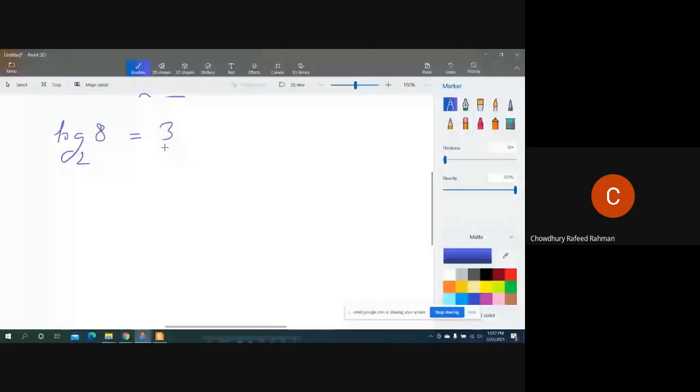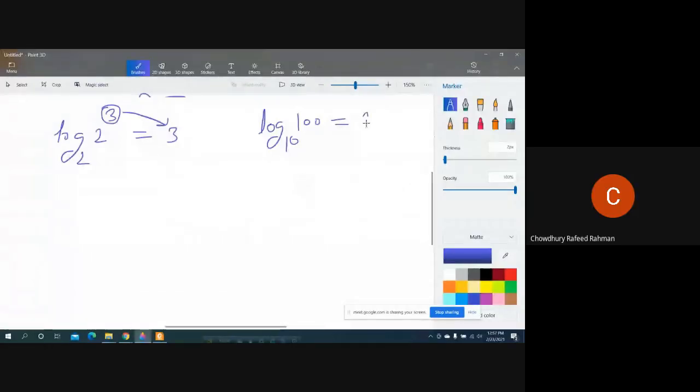If anyone doesn't understand, please tell me, I shall elaborate this concept. Okay, I think everyone almost understands, so I shall just quickly go through this. It means 2 to the power 3, right? Yes, sir. That is why this 3 comes here. Okay. Again, let me take one more test. Log base 10 of 100. What will be the value of log base 10 of 100? So 2.